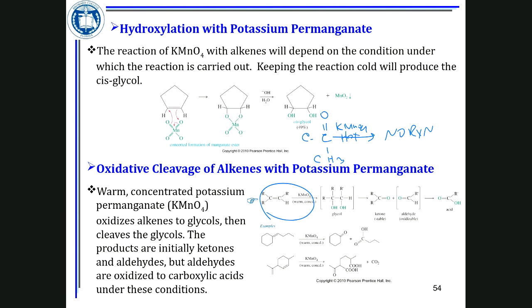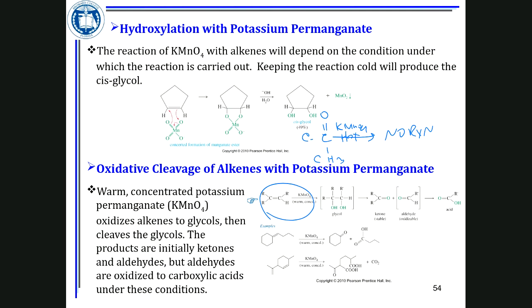So ketone would stay as ketone, but aldehyde would change to carboxylic acid. Please pay attention, because you will see this as a multiple choice exam question and a quiz question.